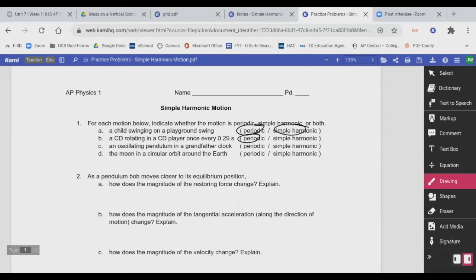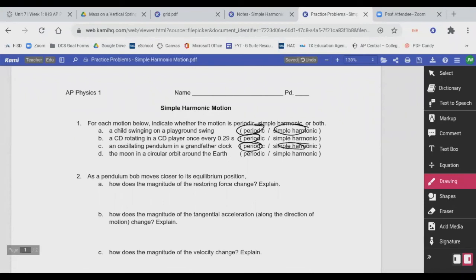All right, an oscillating pendulum in a grandfather clock. Is it periodic? Yes, absolutely. We've already talked about that. It's got to be simple harmonic. I'm not even going to ask that one because we've used that as an example for simple harmonic. The moon in a circular orbit around the earth, is it periodic?